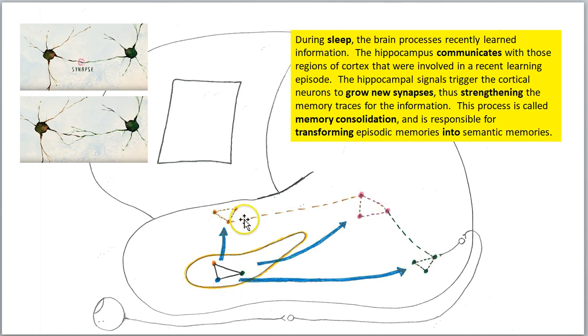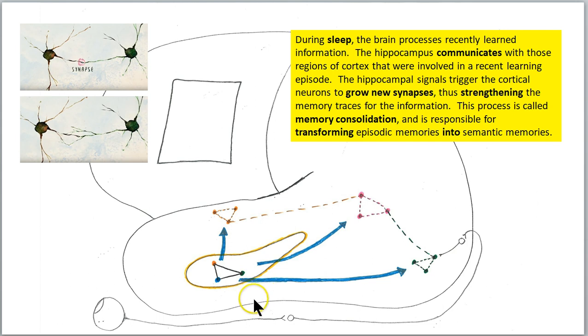Now, this idea of replay has experimental data behind it. Scientists have been able to record hippocampal neurons when an animal is learning something, and what they find is that those very same hippocampal neurons are reactivated during this sleep process. It's as if the hippocampus is replaying the memory so that the cortical memory traces can be strengthened.